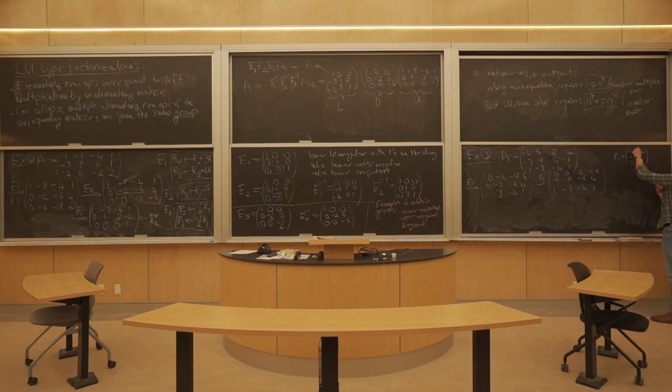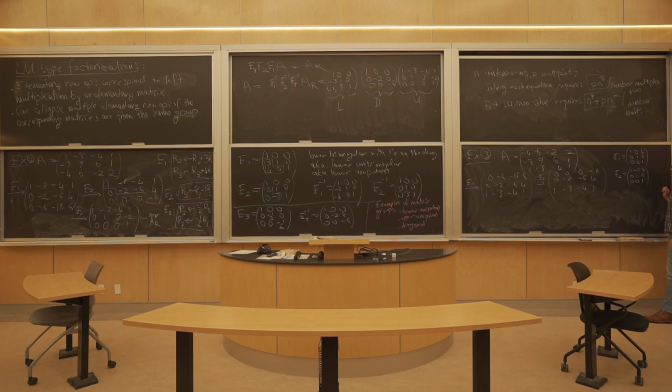Like this. And again, I'm taking the third row, adding 3 times it to this to get rid of this 0. And E2 is going to be something similar again. I'm taking this and subtracting 3 times it from the first one. So it should be like this.